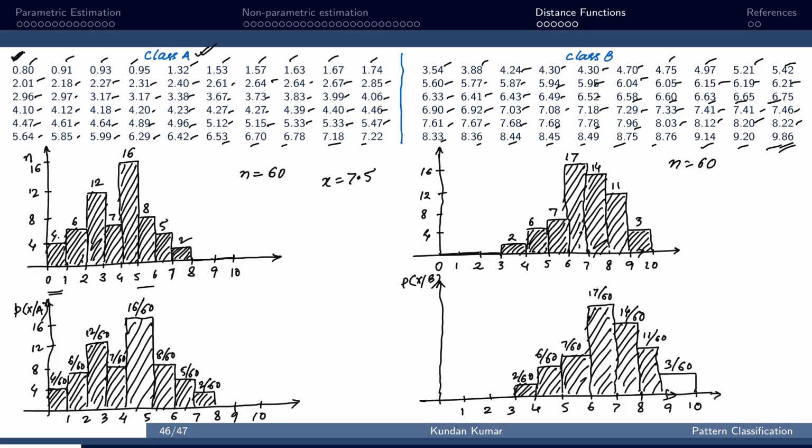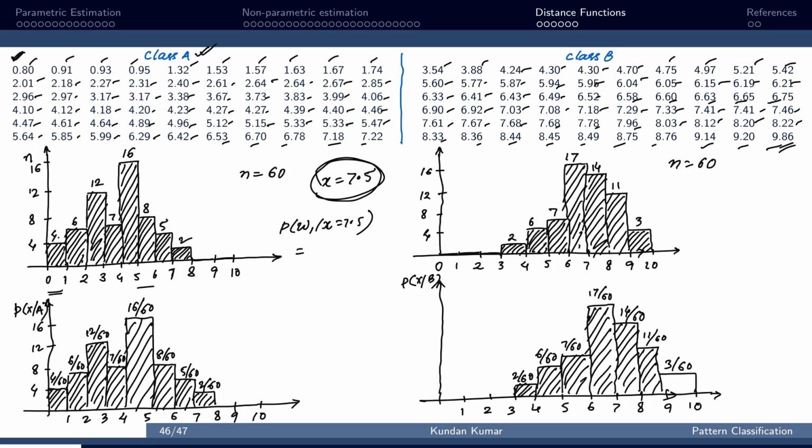and we have given x equal to 7.5. Okay, we need to classify this. Okay, and prior probabilities are same, so we can compute p of omega 1 given x equal to 7.5. So our decision will not depend on the prior probability, it will totally depend on the class conditional probability.